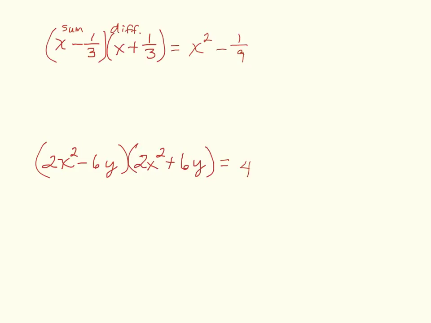So that gives us 4x to the 4th minus 6y squared becomes 36y squared. We're squaring the whole term 6y, and that gives us 36y squared.